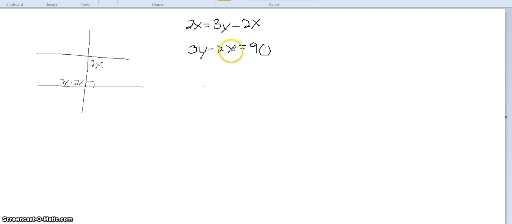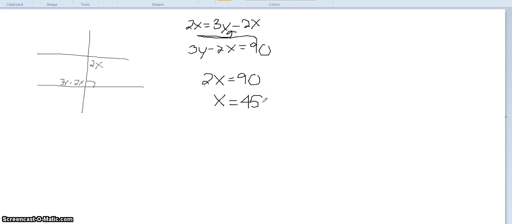Again, you still have two letters in it. But think about substituting this 90 in right here, because those are equal and one of them equals 90. So then 2x also has to equal 90. All right, so we can divide by 2 and x would be 45 degrees.